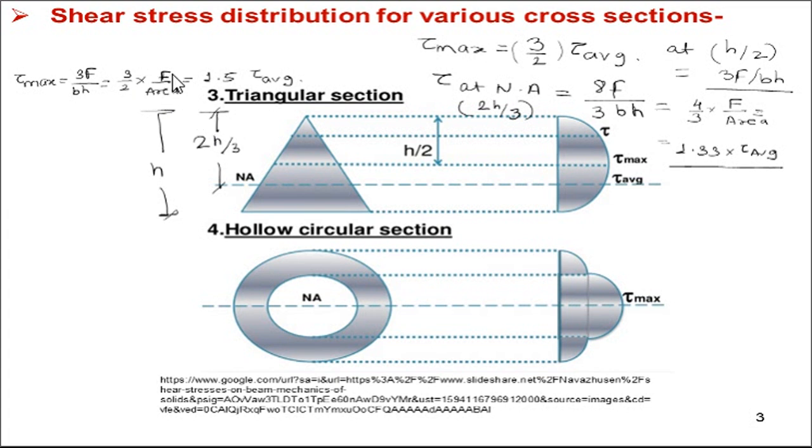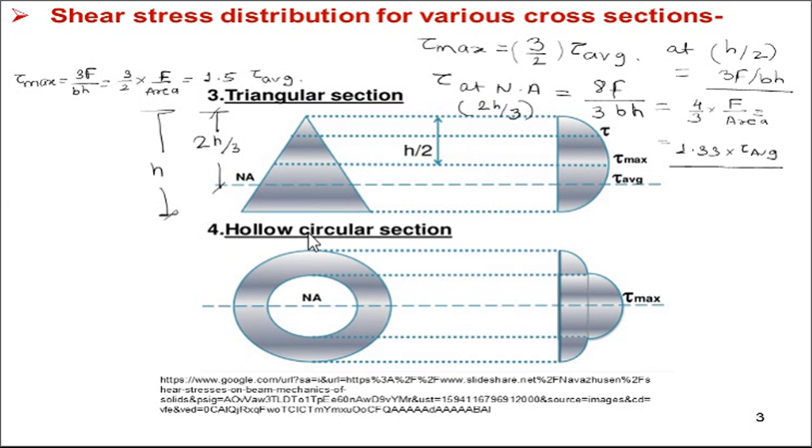If you put that F upon area, what is the area of the triangular section? All of you know that the area of the triangle is 1/2 into base into height. So that area we can determine.